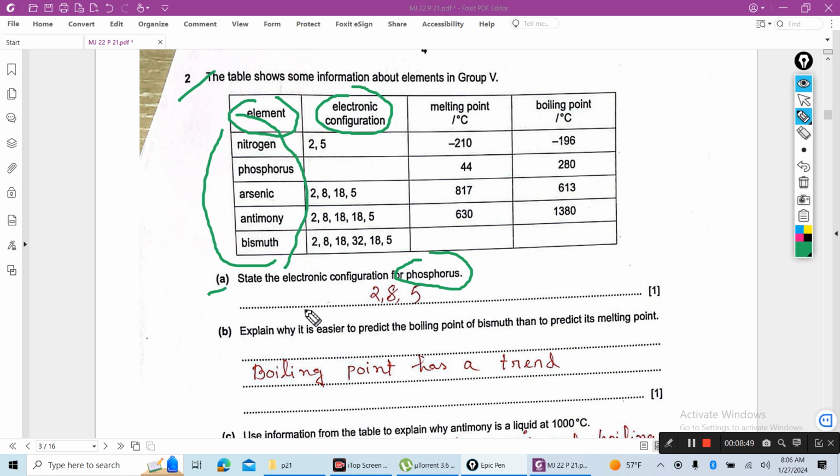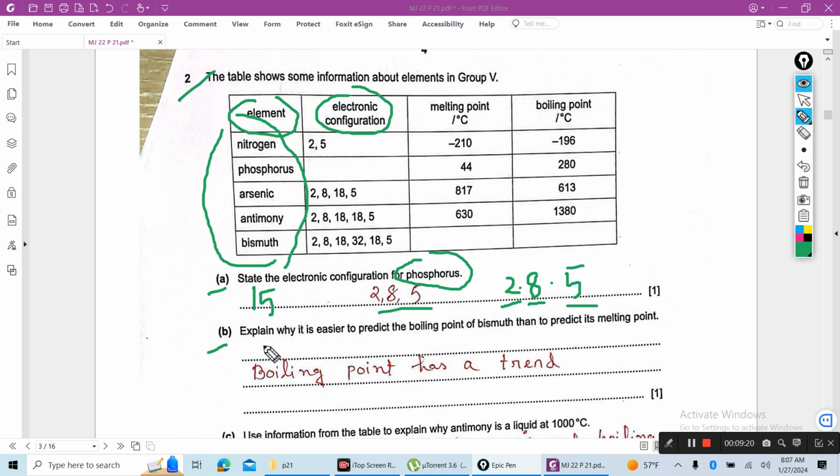Phosphorus has atomic number 15. The first shell contains 2 electrons, the second shell 8, and the third shell contains 5 electrons: 2, 8, 5.